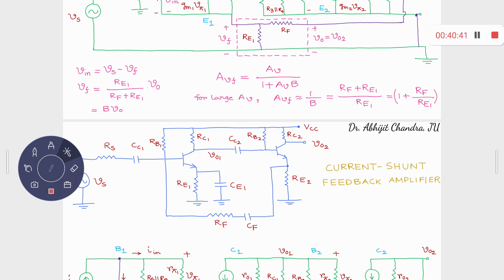In order to get rid of that, we have used a capacitor CF between E2 and B1, so that even with this feedback connection, it will not seriously hamper the DC operating point. Only the small signal feedback will be present from E2 to B1, but the bias point is kept at its nominal value. So this is known as the current-shunt feedback amplifier.